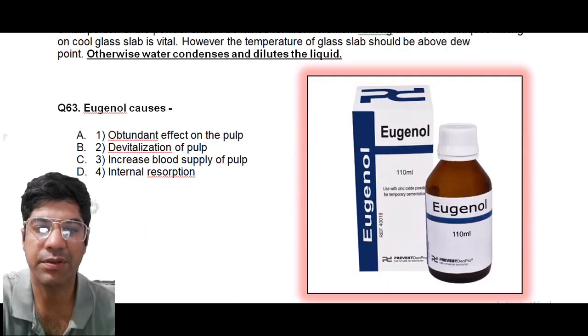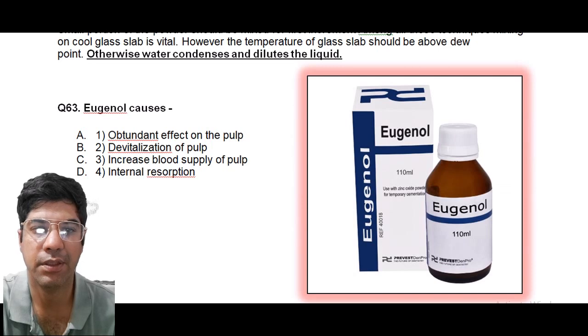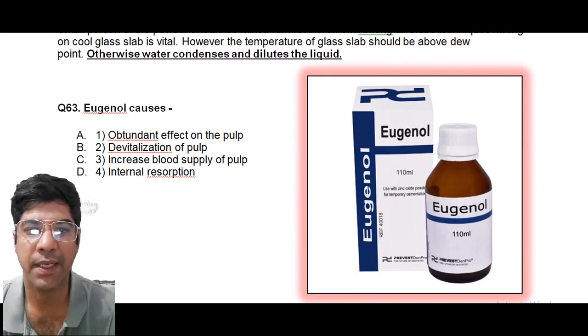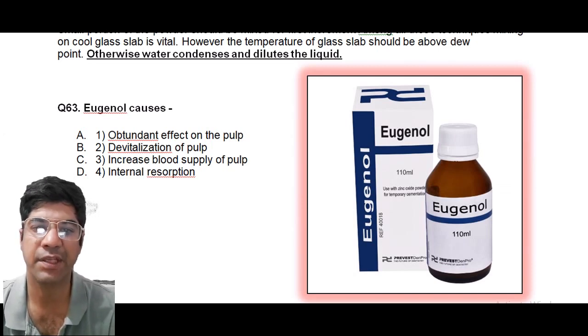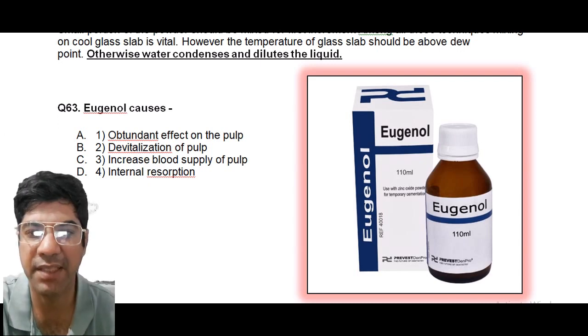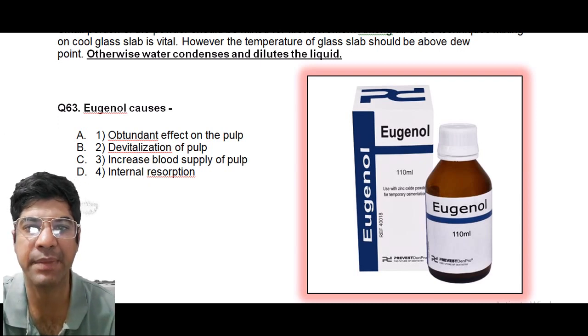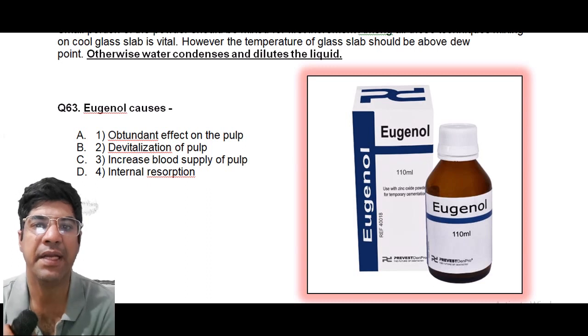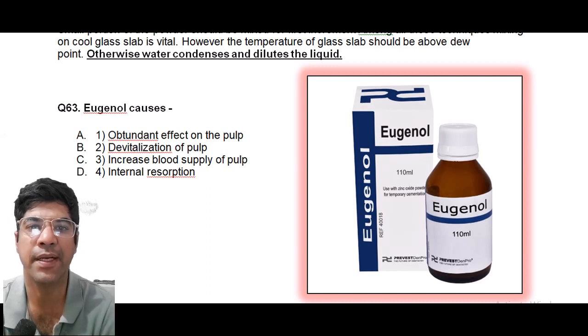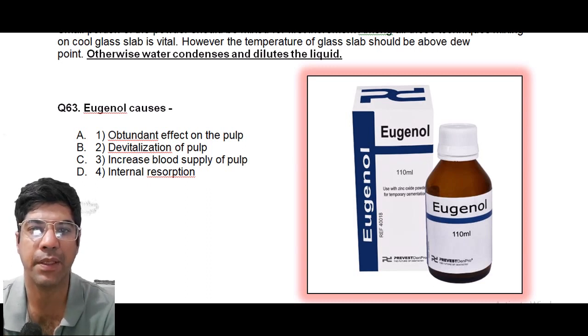The eugenol has an obtundant effect. Eugenol is a key component of many dental materials, including the temporary cements and dental fillings. It is known for its mild obtundant properties on the dental pulp.